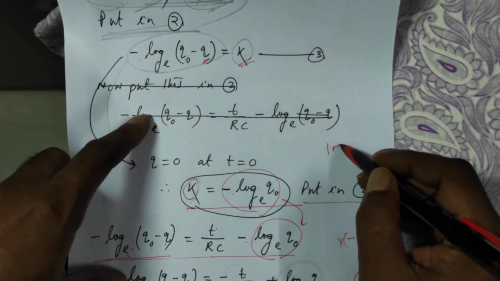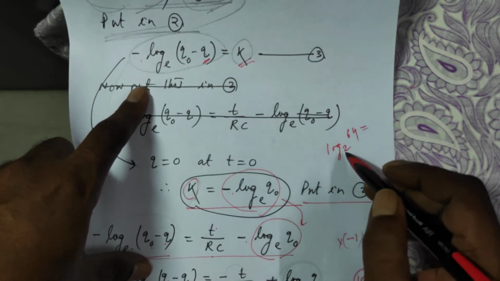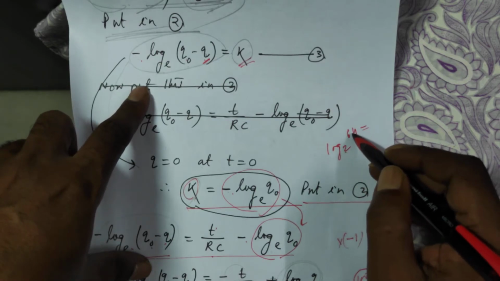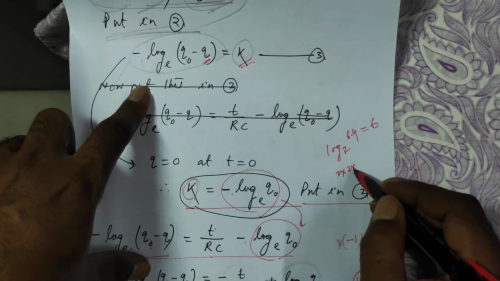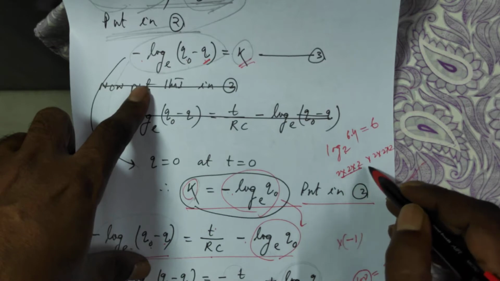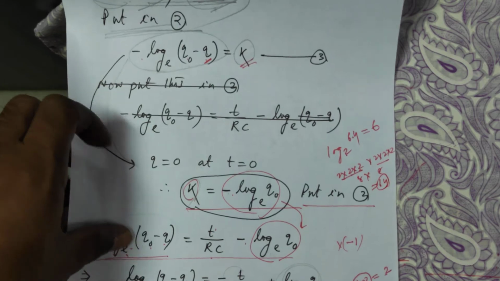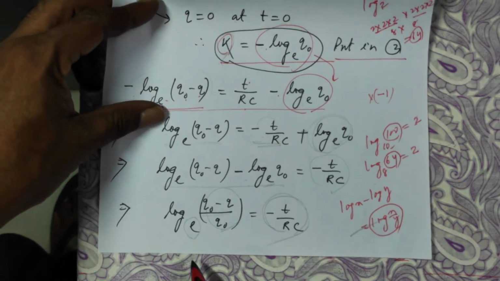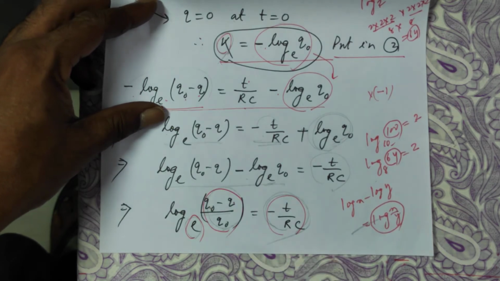Logarithm of 64 with respect to base 2 means 2 has to be multiplied how many times to get 64? 2 to the power 6: 2 into 2 into 2, again 2 into 2 into 2, that is 8 into 8, equal to 64. That is the meaning of logarithm. So e to the power this will be (q naught minus q) over q naught. That is what I am writing in the next page and explaining further.